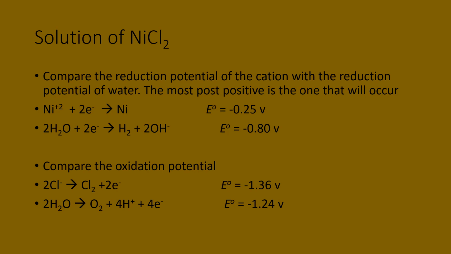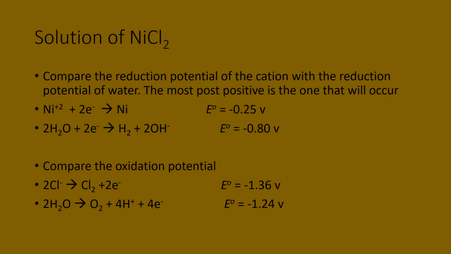Okay, so if we look at these two, a solution of nickel chloride, two things are happening. The nickel and the chlorine are breaking apart and becoming associated with the water. So the first thing we need to do is compare the reduction potential of the cation.